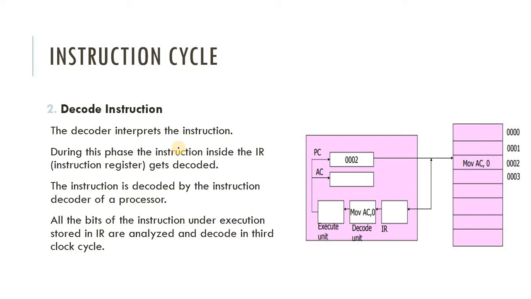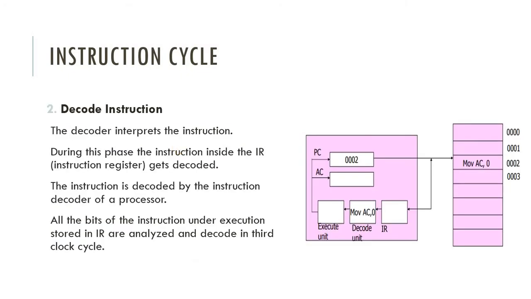All the bits of the instruction under execution, stored in the instruction register, are analyzed and decoded in the third clock cycle. So at the timing signal T3, that is called the third clock cycle, we are performing this decoding operation.